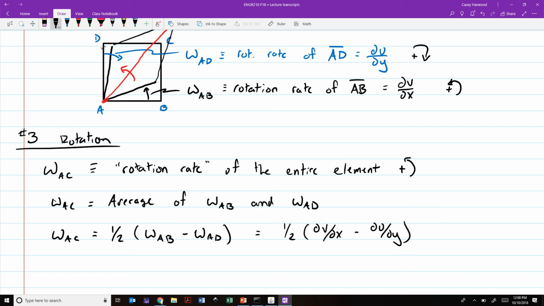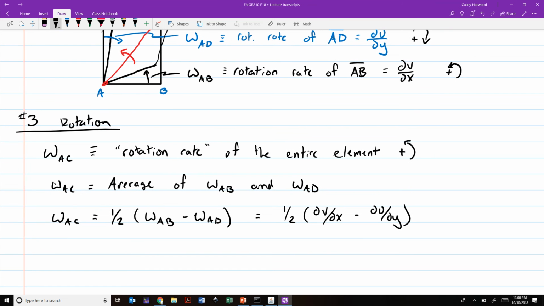What axis is this rotation occurring about? Z. Okay, so we would also call this the z component of the fluid element's rotation. If we have other cross terms, for example, if there's a gradient in the z component of the velocity, or if the u and v components vary in z as well, we're going to have rotation elements about the x component, the y component, and the z component.